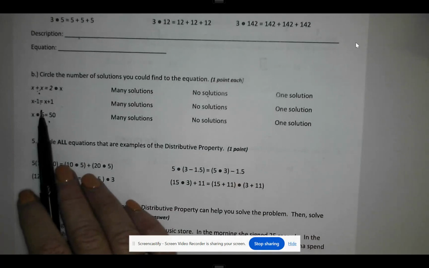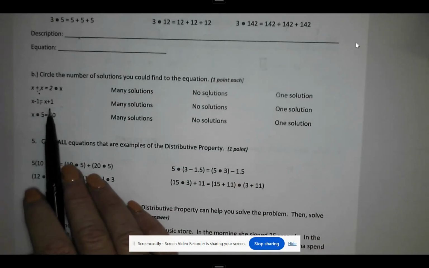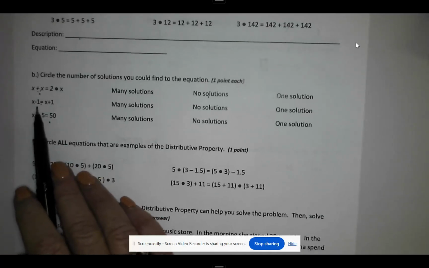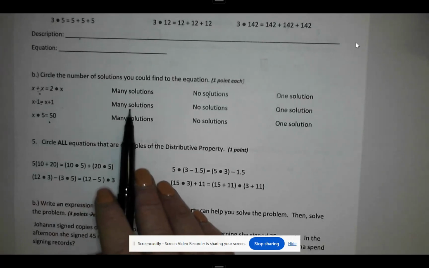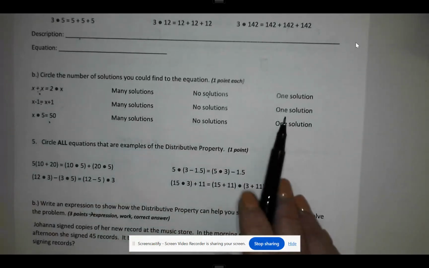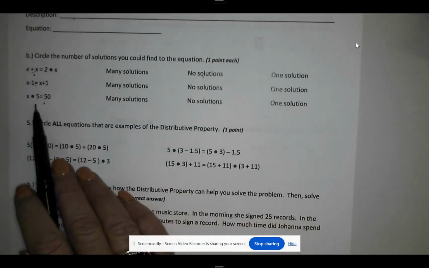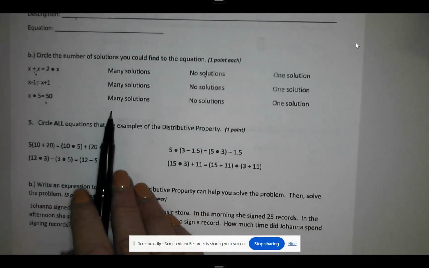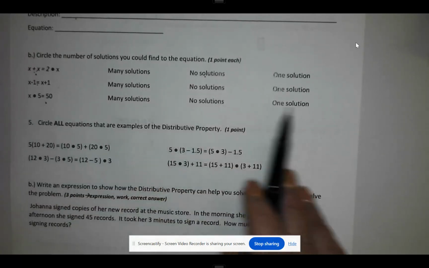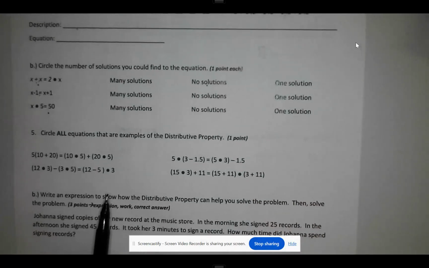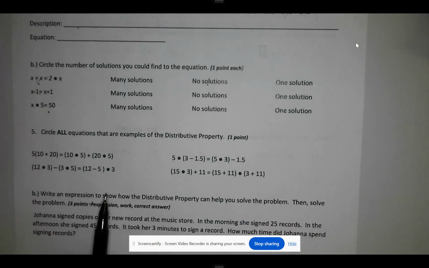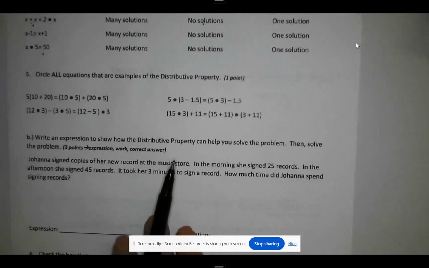X minus 1 equals X plus 1. There'll either be many solutions, no solutions, or 1 solution. And finally, X times 5 equals 50. Many solutions, no solutions, or 1 solution. Pause the video to solve part B.